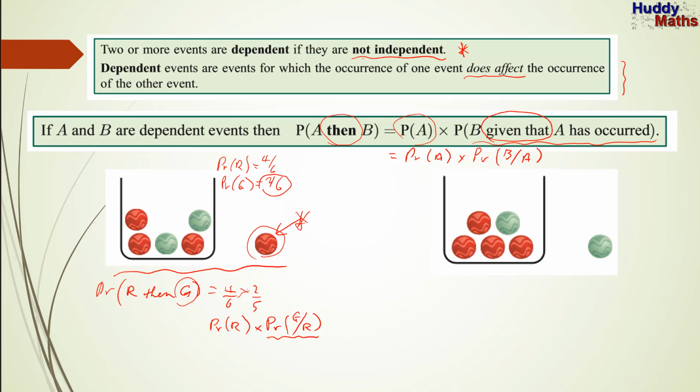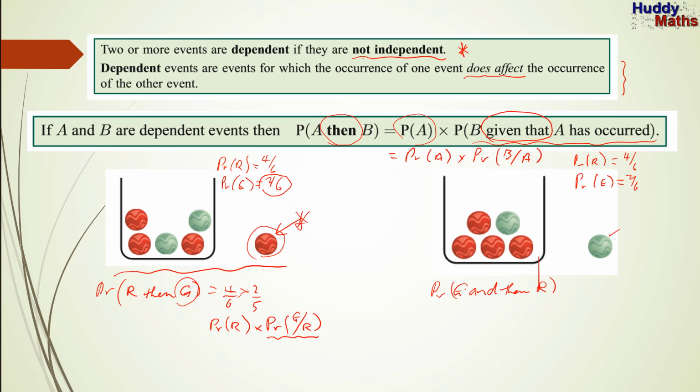Okay, what's happening over here? What's the probability of, here we are, a green and then a red? Again, right at the beginning, the probability of a red was 4 out of 6, and the probability of a green was 2 out of 6.